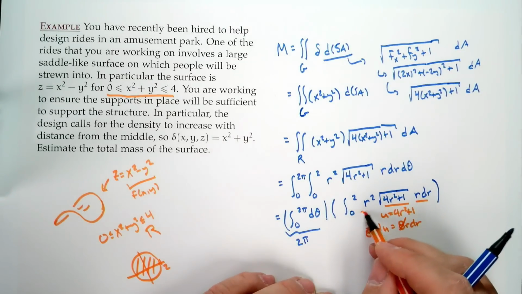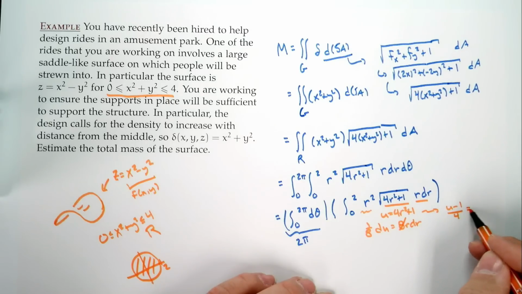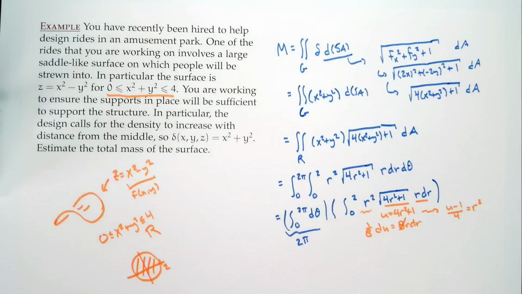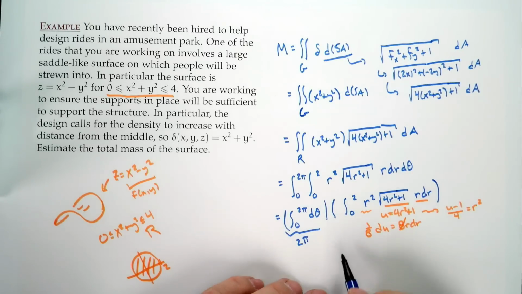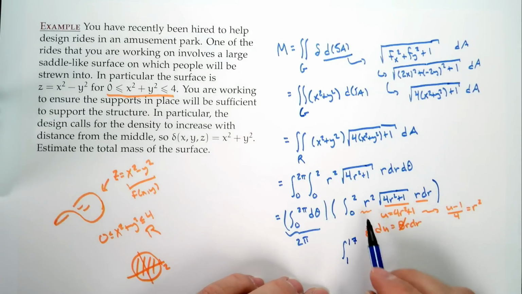And then you have the r squared. Well, you can say that u minus 1 over 4 is r squared. So we can handle that. That's something we can work with. So what do we get? Well, the integral limits: plug in r equals 0, we get 1, and then r equals 2, well, 4 times 4 plus 1 is 17. And then we get the following. R squared becomes u minus 1 over 4. Square root of 4r squared plus 1 is u to the half.